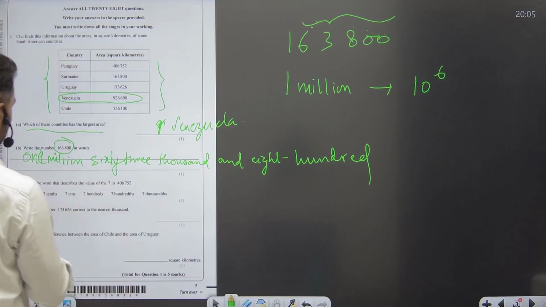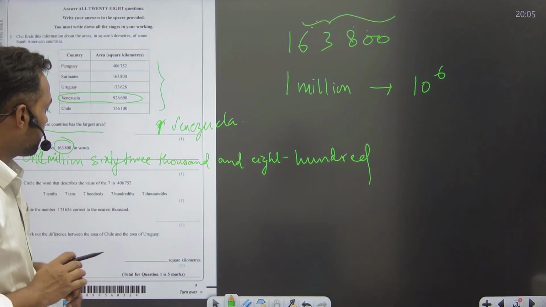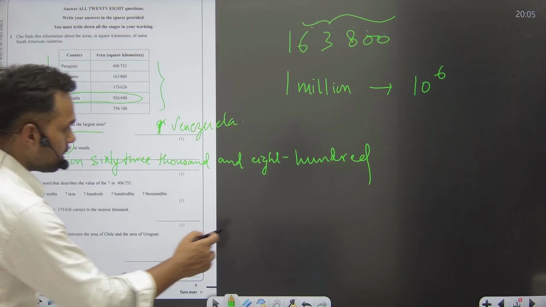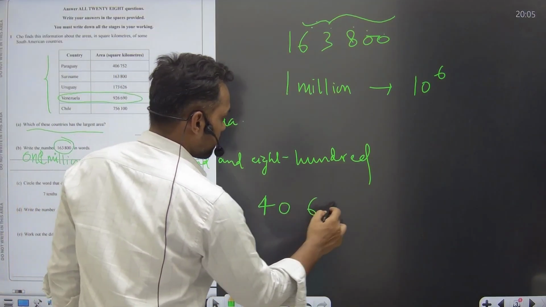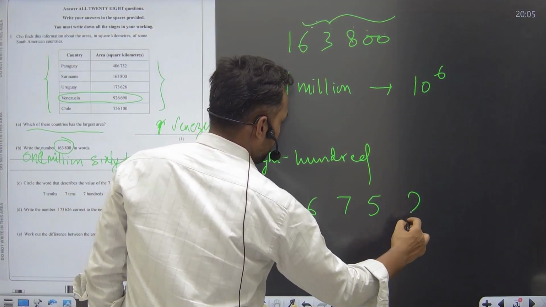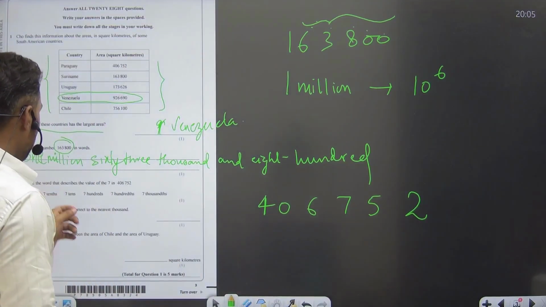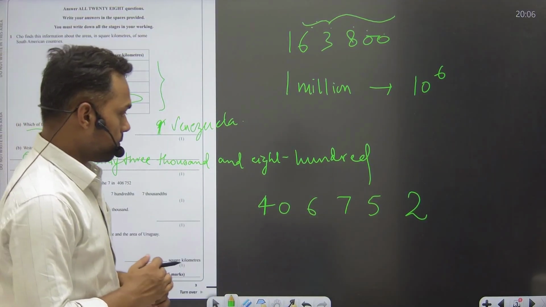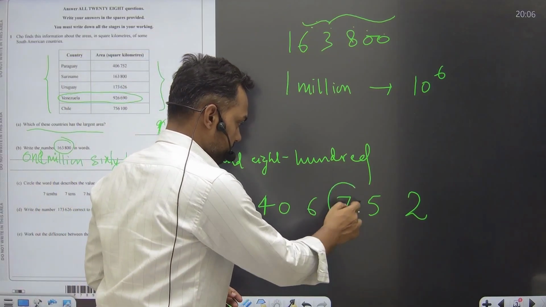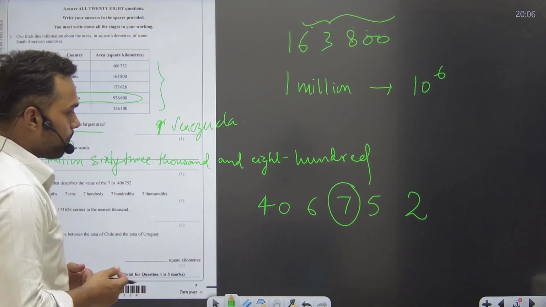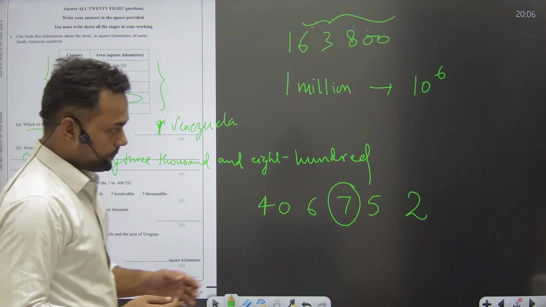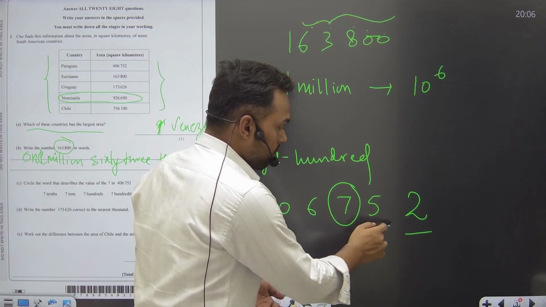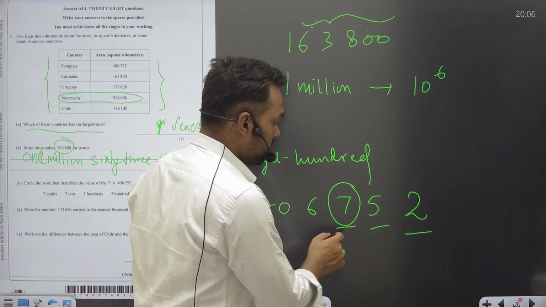Now the third question is to circle the word that describes the value of the 7 in 406752. At what place is the 7 present, student? You will see this is called ones, this is tens place, and this is hundreds place.